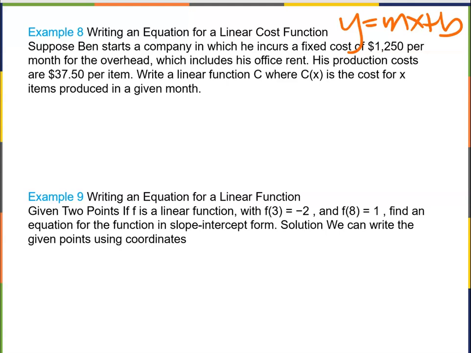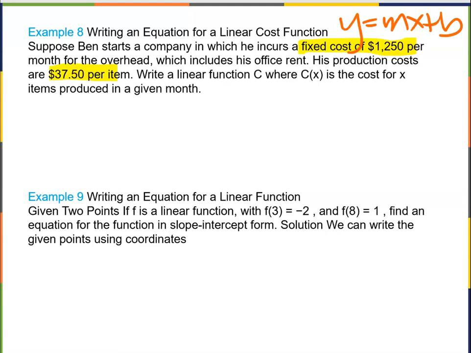So let's identify what we have here. The fixed cost is present every month, which is $1,250. And the cost that can vary includes the cost to produce each item, that is $37.50.